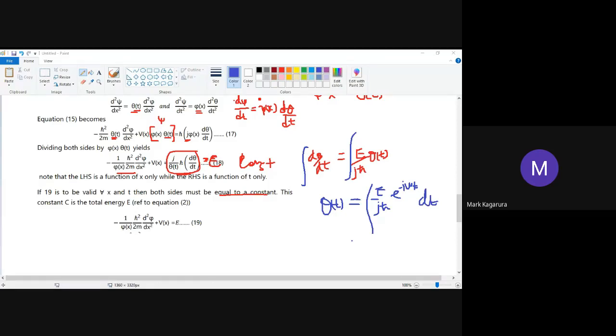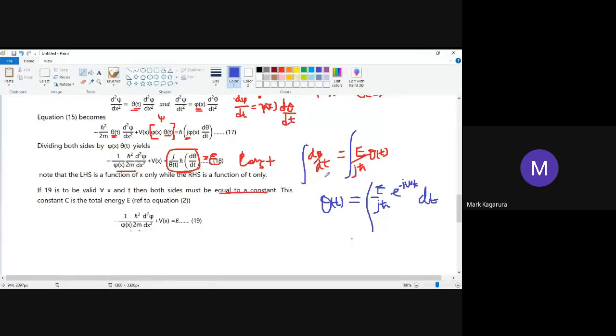oh no, sorry, there's a small mistake, I think. So that should have been d theta t divided by theta t.